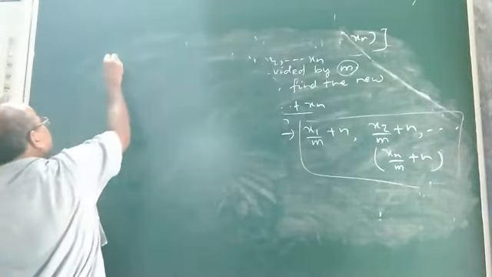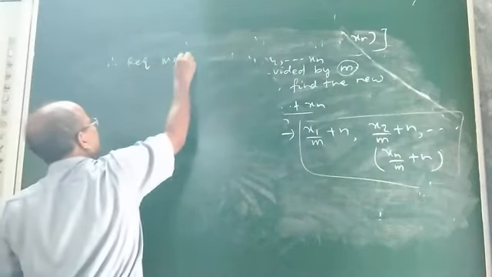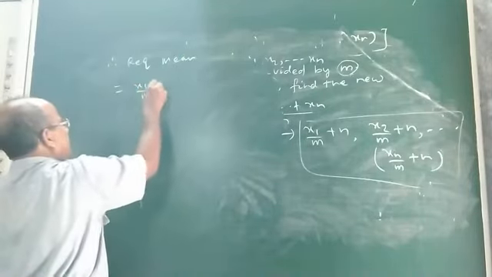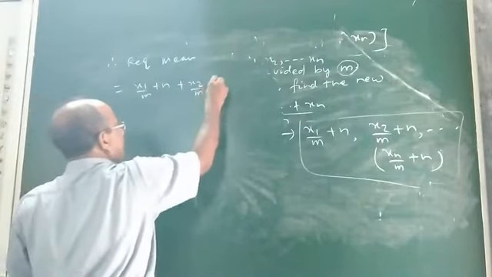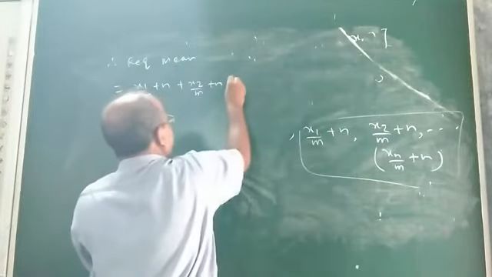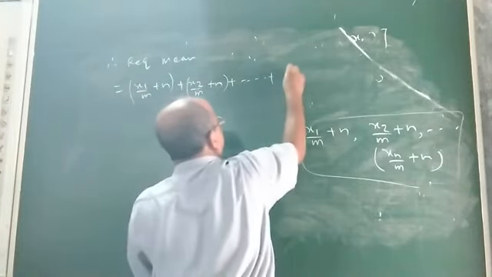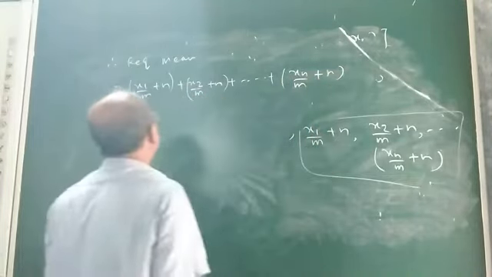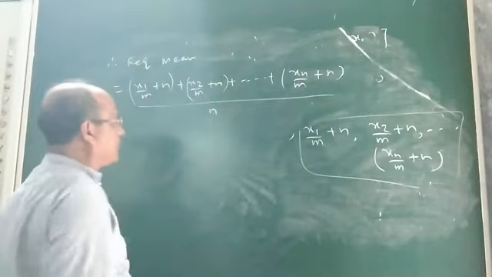Therefore the required mean will be equal to the sum of observations: x1 by m plus n, plus x2 by m plus n, plus dot up to xn by m plus n, whole divided by n, the total number of observations.